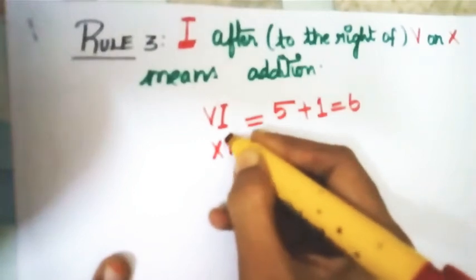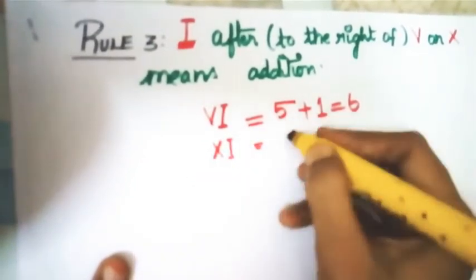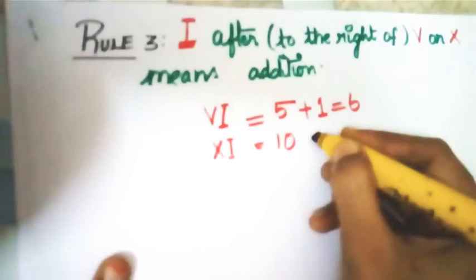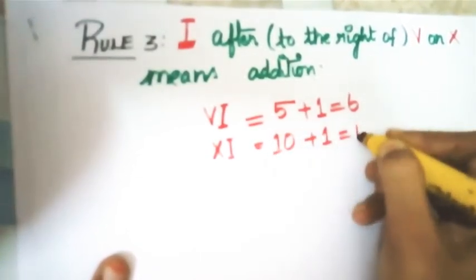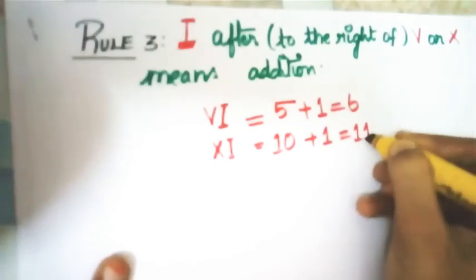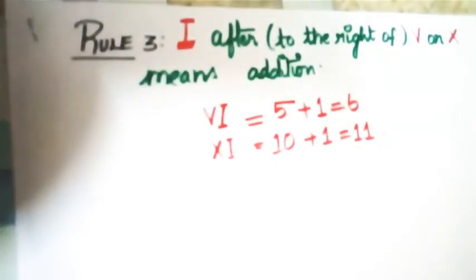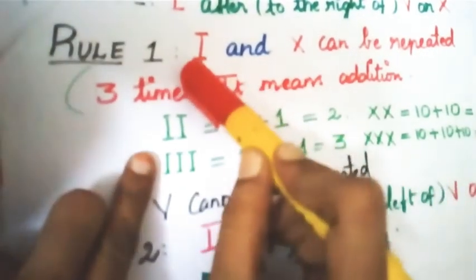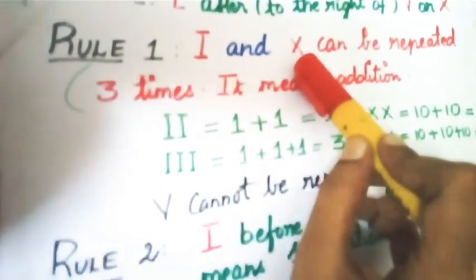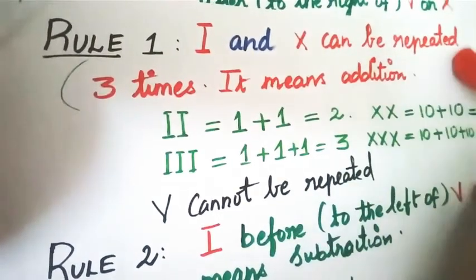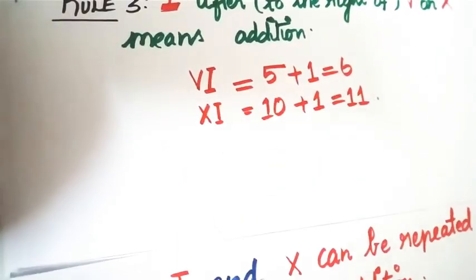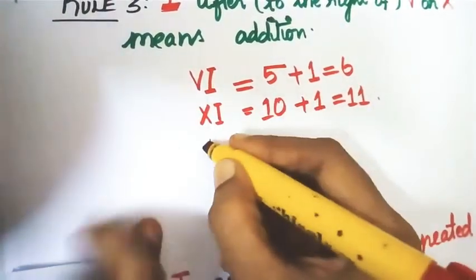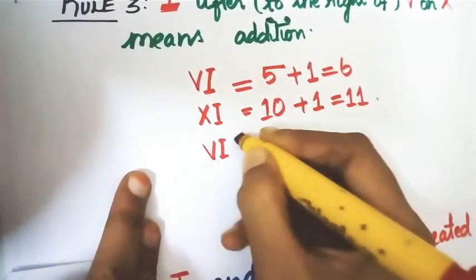Similarly, I am writing it for XI. X value is 10 and I is to the right, and so adding 1, which is equal to 11. And you know that I and X can be repeated 3 times, but not more than 3, right? We have already written VI.